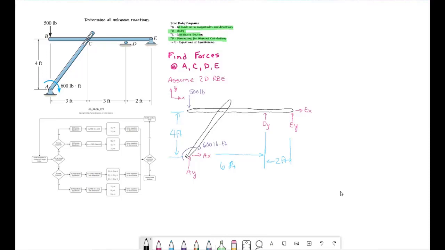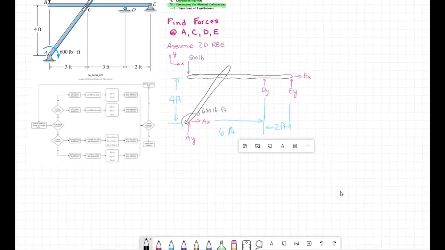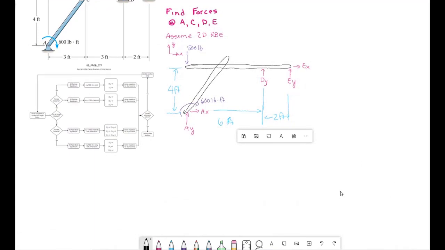All right, I'm going to scroll up for a second. We'll come back. So sum of forces in X equals 0. We have AX plus EX, and that's all in the X direction.